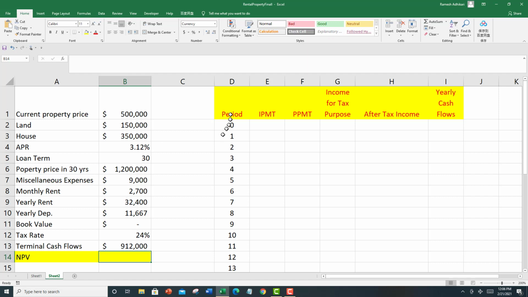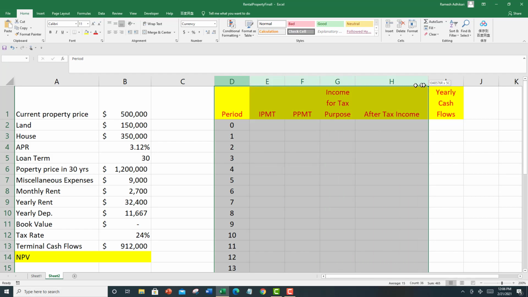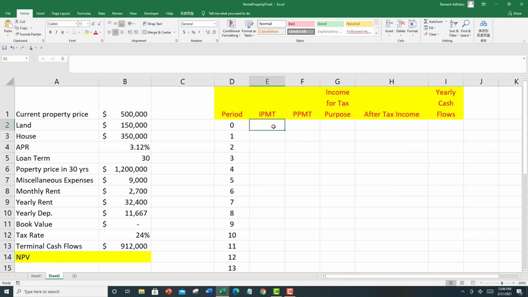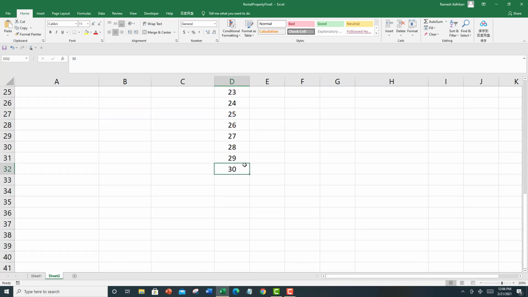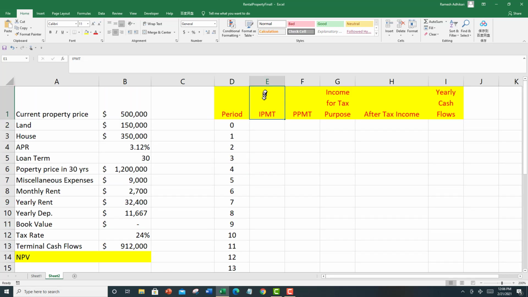Therefore, I have here a table that can help us to compute our annual cash flow for the next 30 years. So here I have a period which starts from 0 and goes to 30, and then I have here I payment, meaning this is going to be how much interest you are going to pay each year.